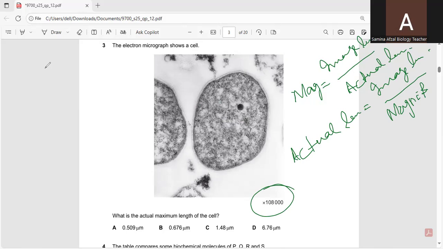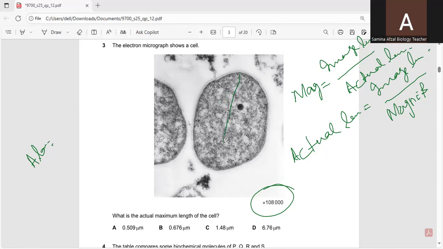So for the actual length, we have to measure the largest distance on this image, the longest distance. Let me draw it again. It is very difficult, because this is a touch screen, to draw with the help of a scale.